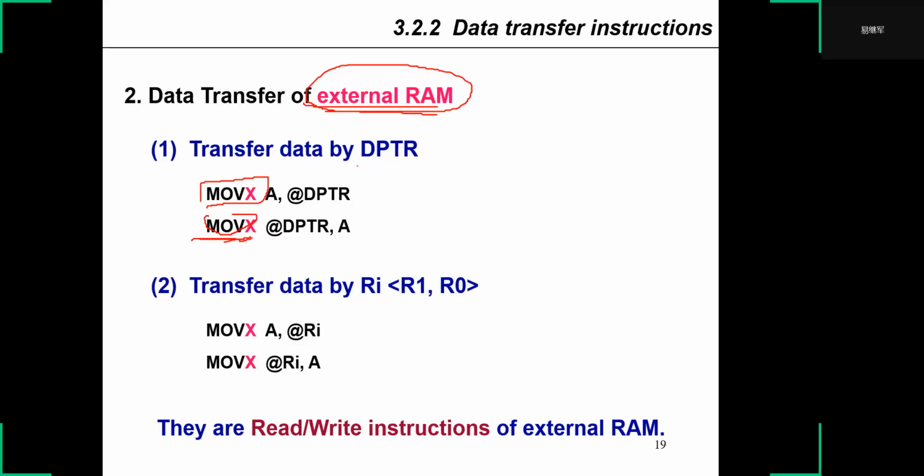Transfer data by DPTR or by R register, R1 or R0.